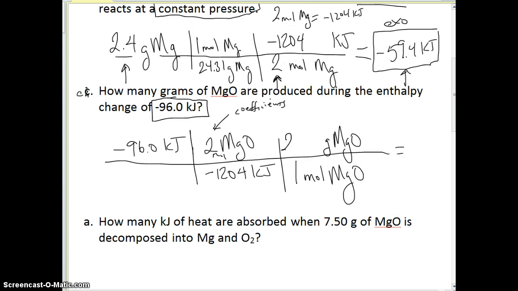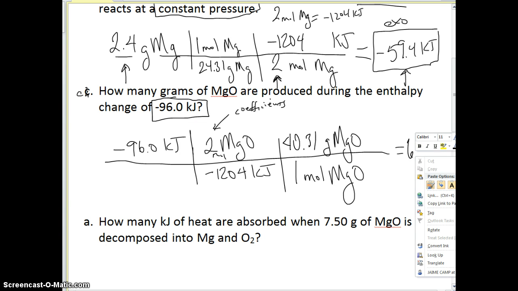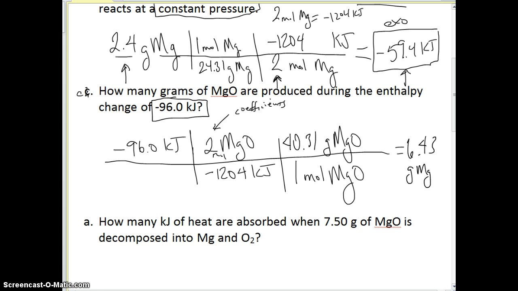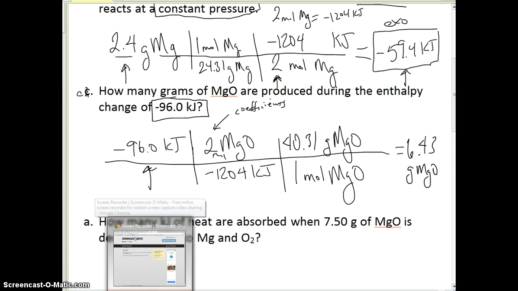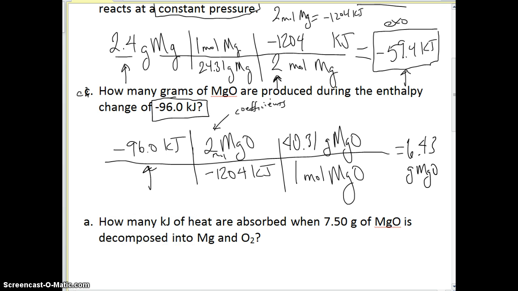I calculated the molar mass of MgO as 1 magnesium plus 1 oxygen, which gives 40.31. We multiply those all and divide by negative 1204. We have a negative on the bottom and top, so we're going to have a positive value here. And I get 6.43 grams of MgO produced given this heat value.